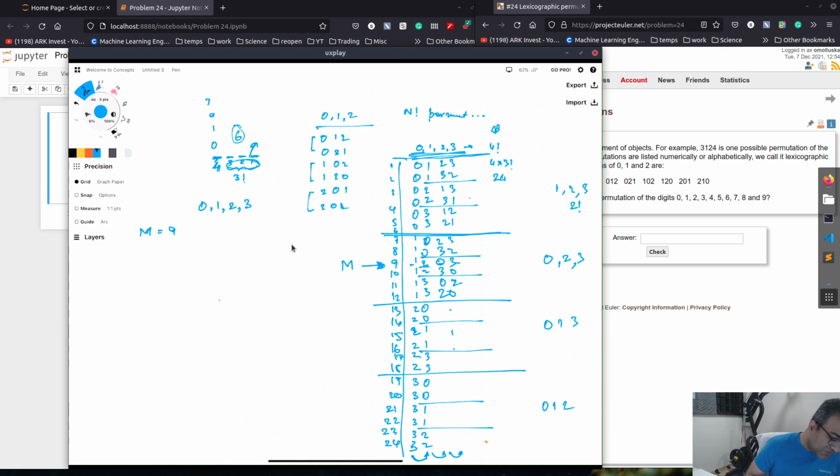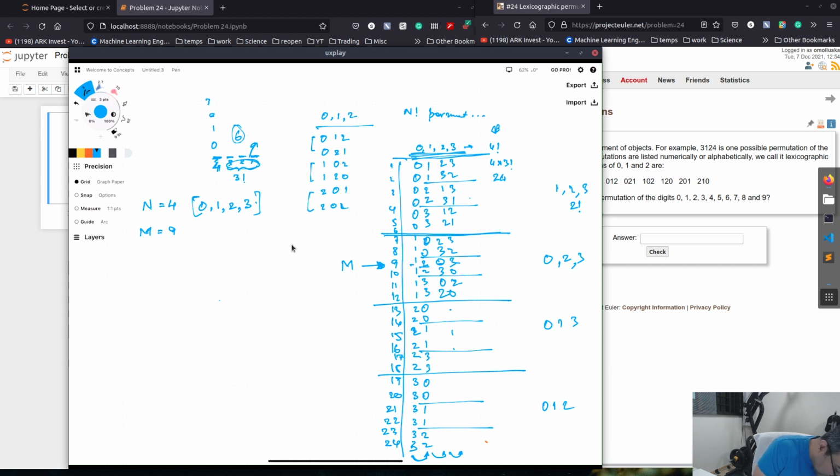We know 0 will be written down first. In this case n equals 4. If n equals 4, then we know 0 will occur 6 times, 1 will occur 6 times, and so on.